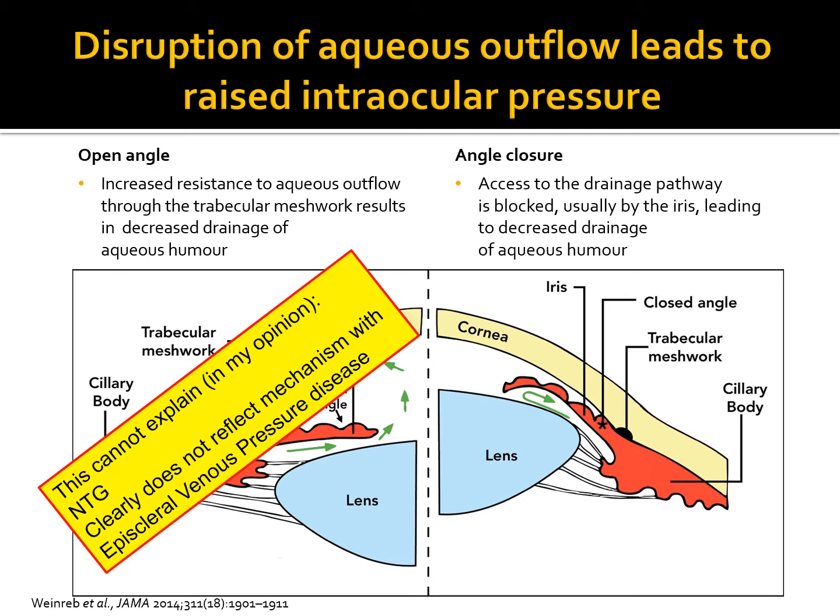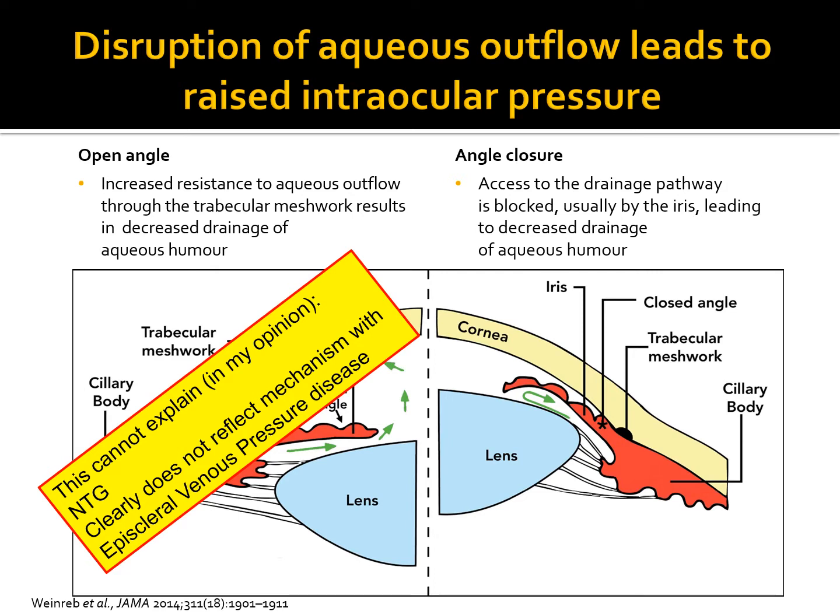In effectively all glaucomas, outflow facility is reduced. But when you do the same tests on normal tension glaucoma, outflow facility isn't actually reduced that much at all. And that sort of makes sense, because if outflow facility was compromised, was reduced, you'd expect the pressure to go up, and it just doesn't.